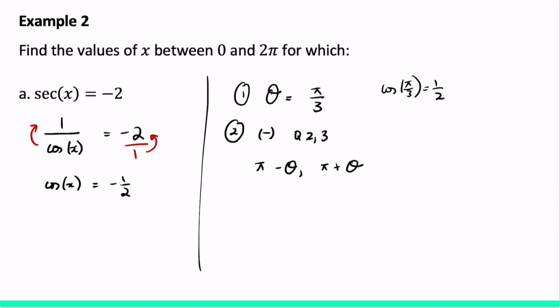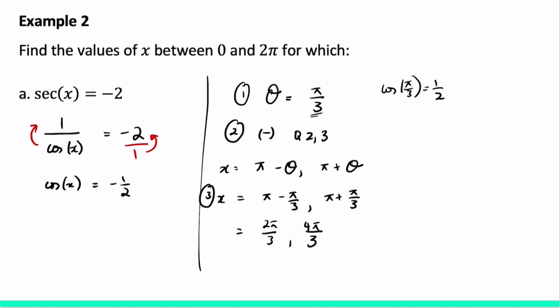So if this is what x is equal to, pi minus theta, pi plus theta, and we also know that our base angle is pi on 3, we can go ahead and substitute that in. Pi plus pi on 3 and solve for it from there. So this is step 3, substituting it in. That'll be 2 pi on 3 and 4 pi on 3.